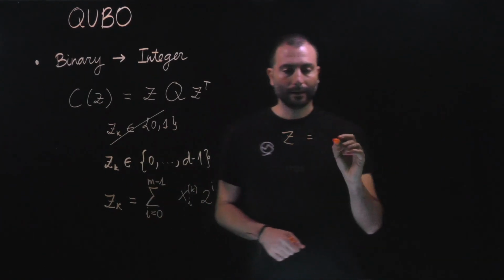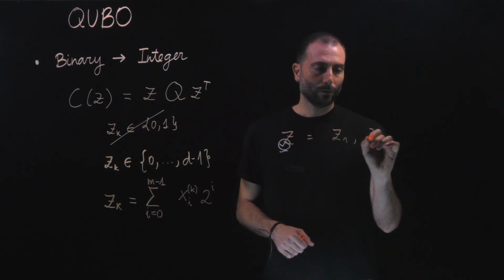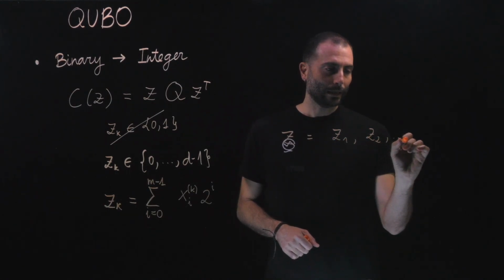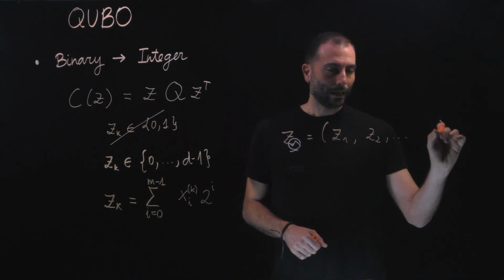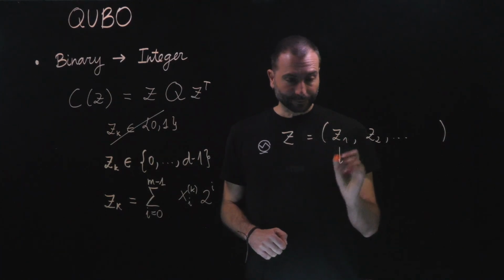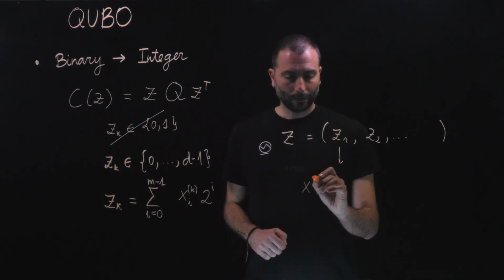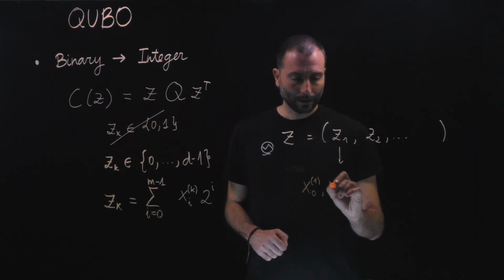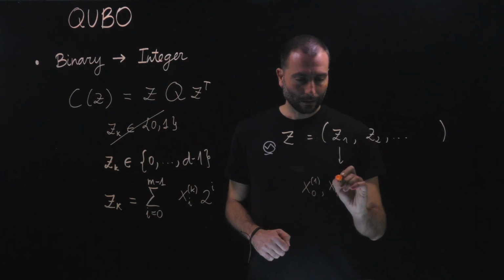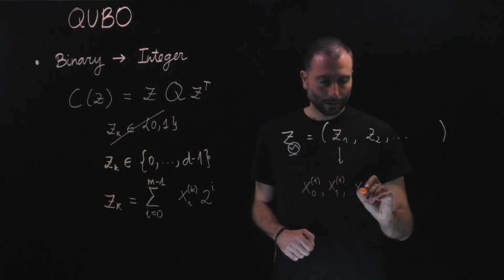We have some z that is a string of integers, right? So we have z1, z2, etc. And now this z1 is written as a bit string, so it will have these components, etc. up to n-1.